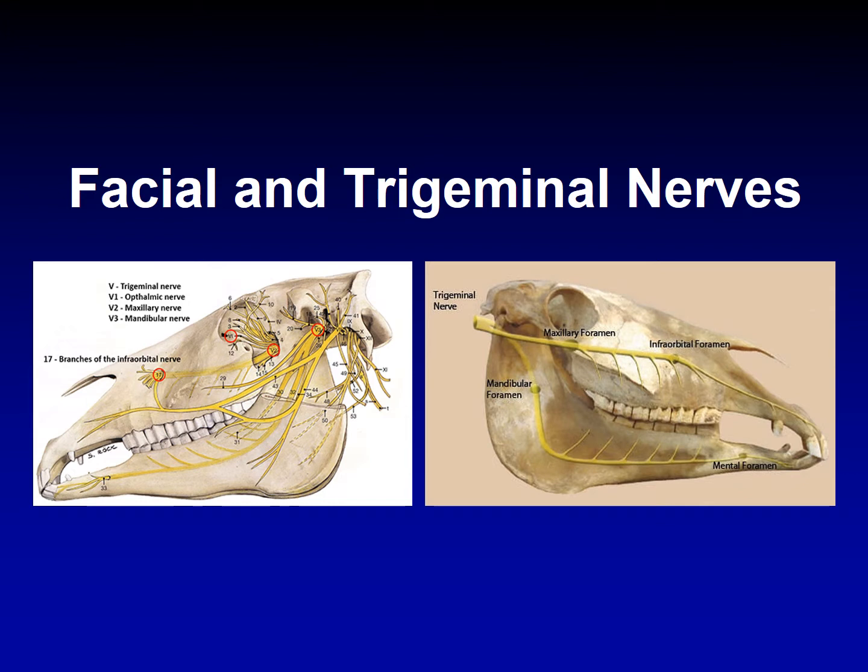All of these branches around the eye, around the orbit of the eye, are coming from the trigeminal, except only one nerve, and that is the auriculopalpebral, which is coming from the palpebral branch of the facial nerve. So let's see how these points are basically located around the orbit of the eye.